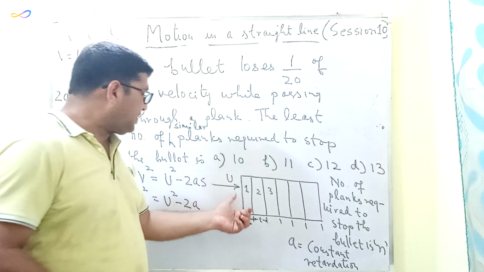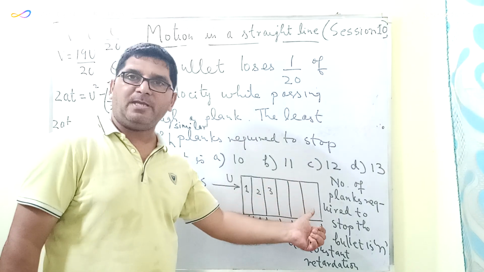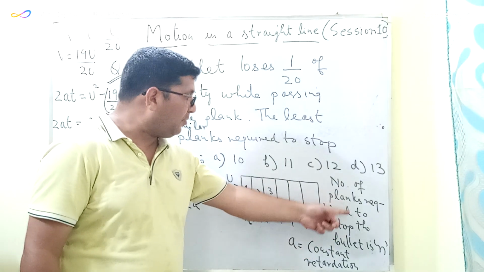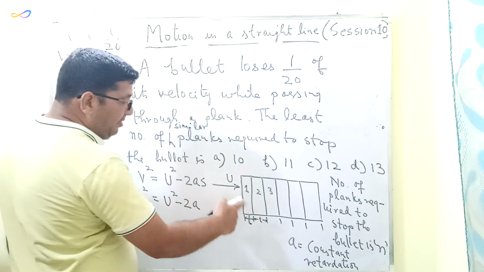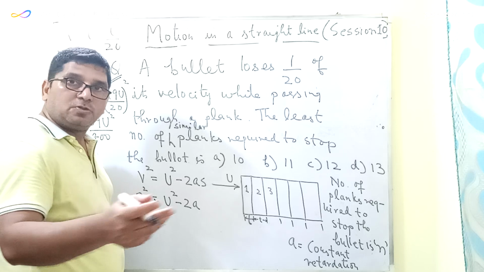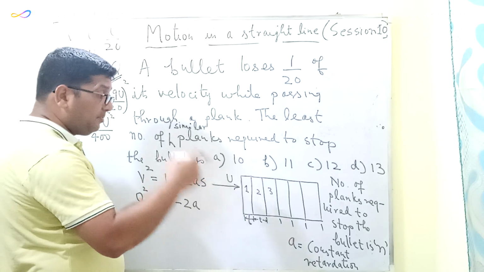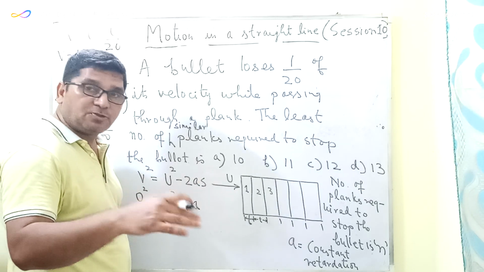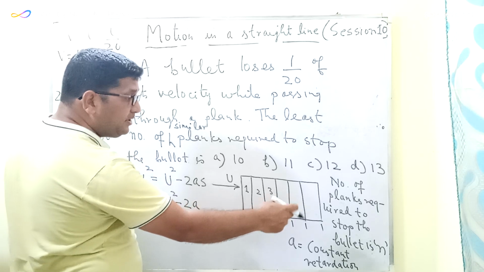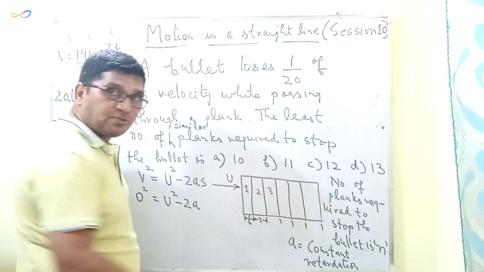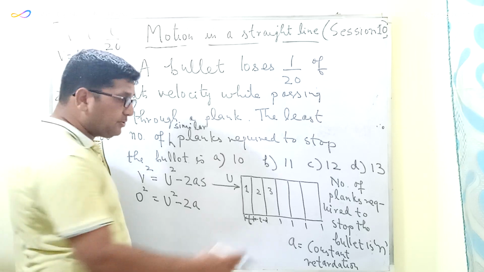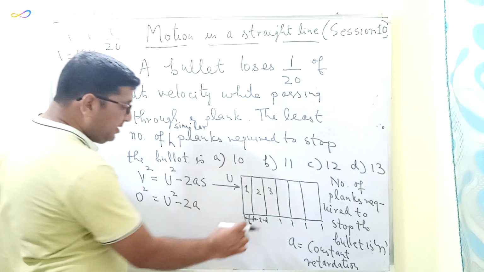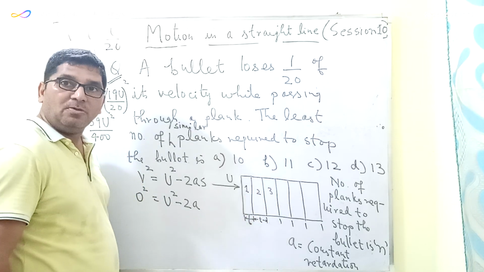s will be the distance travelled by the bullet in passing through the n planks. Here I have taken the number of planks required to stop the bullet as n. So the distance travelled by the bullet before it comes to a stop will be equal to the number of planks, n, multiplied by the thickness of each plank, t.